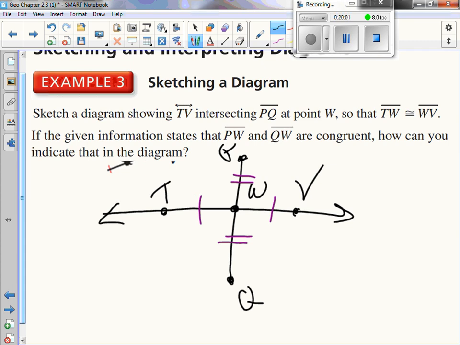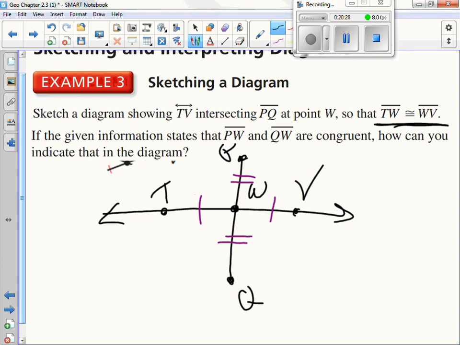We would put 2. Now, the reason I would put 2 is because, are they congruent to TW or VW? No, we don't have anything that says they're congruent to these two measures here. So we add another mark, because the number of those little marks congruent to the same number of marks.